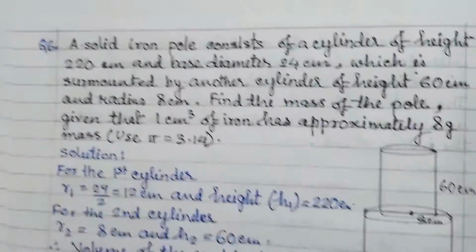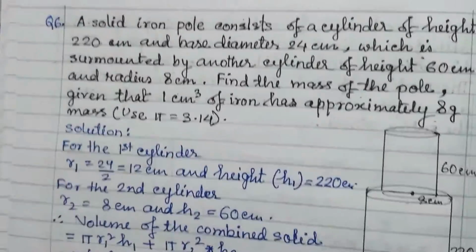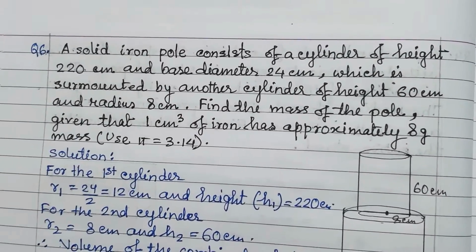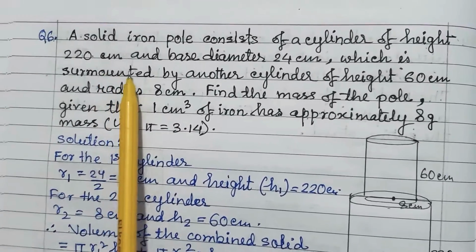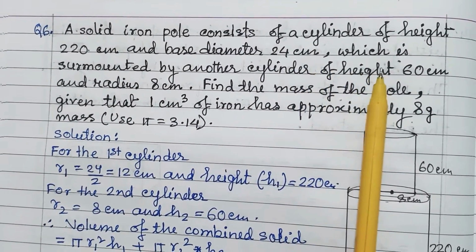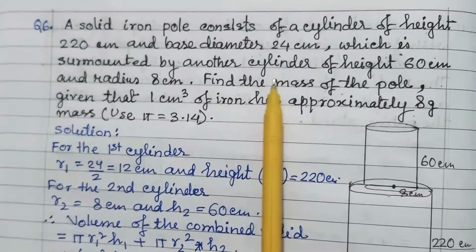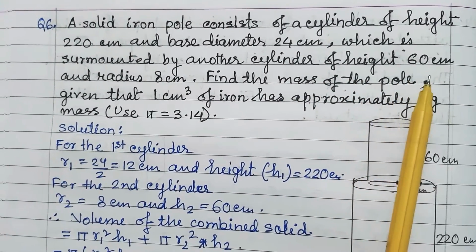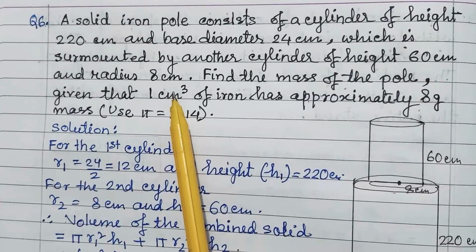Question number 6. A solid iron pole consists of a cylinder of height 220 cm and base diameter 24 cm, which is surmounted by another cylinder of height 60 cm and radius 8 cm.